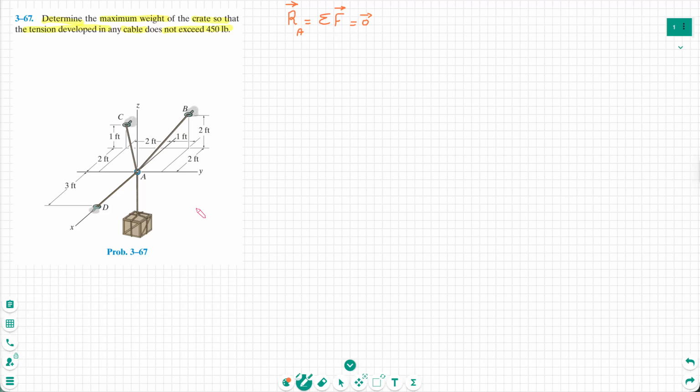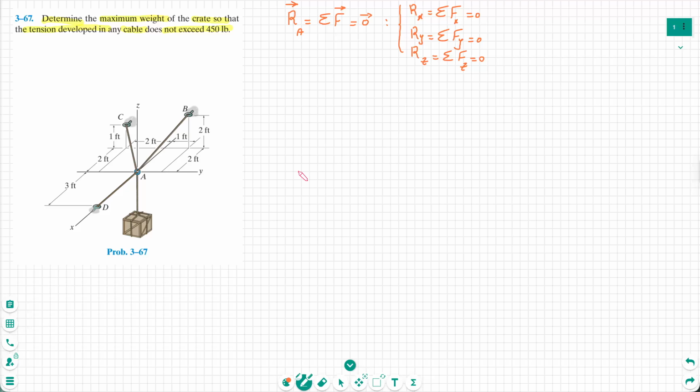And because it is a 3D problem, you can convert this to the three equations: Rx equals sigma Fx must be 0, Ry, that is sigma Fy equals 0, and Rz, that is sigma Fz equals 0.